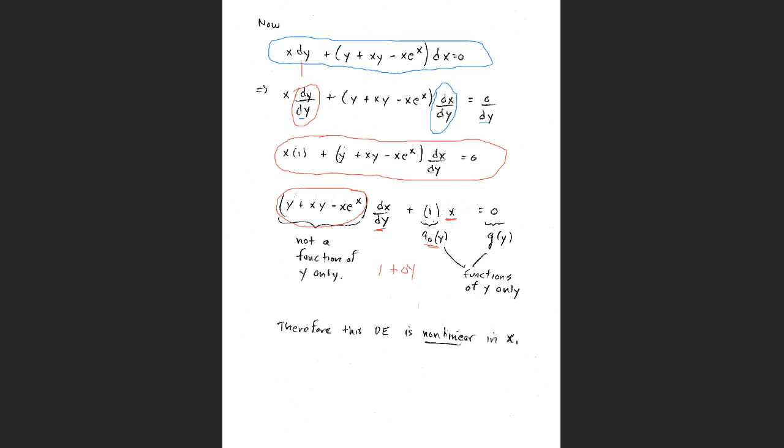And 0 can be thought of as a function of y also, as 0 times y. So this almost worked, but the equation is nonlinear in x, because the coefficient function in front of dx/dy is not a function of y only.